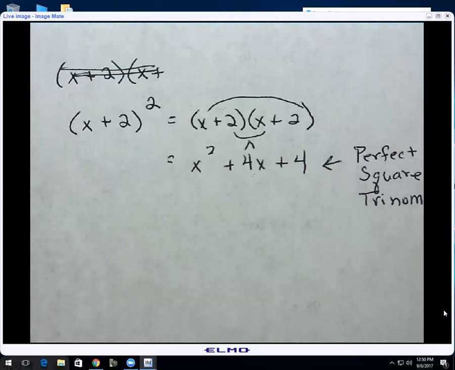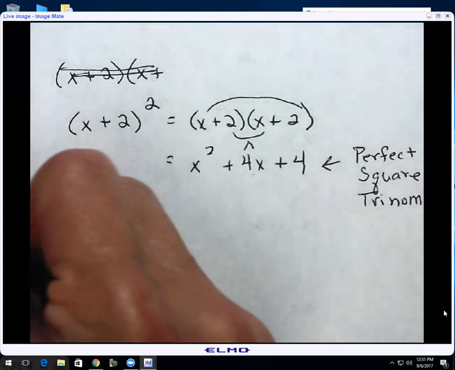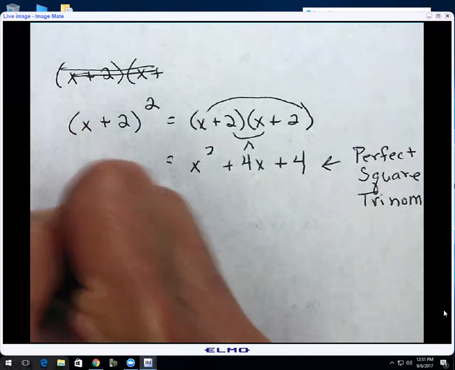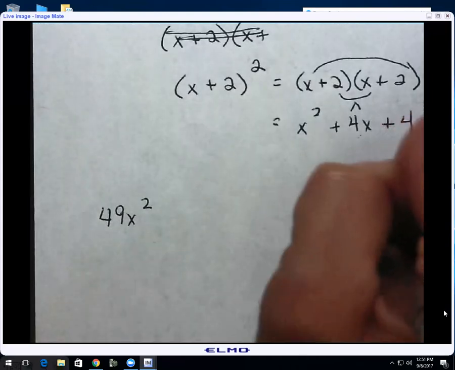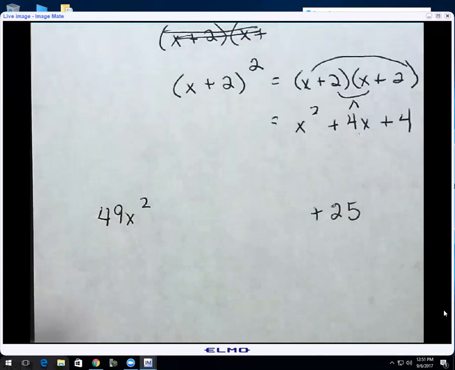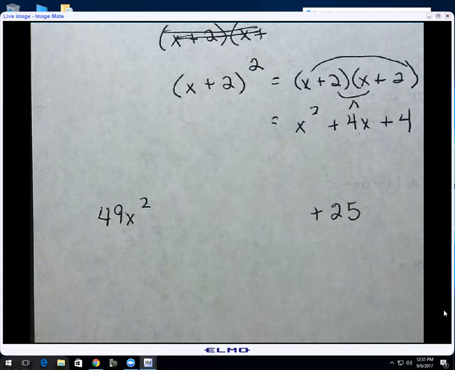Now we're going to do some more of those in just a second, but let me ask you one other thing. Help me make up a perfect square trinomial, because I'm trying to learn to recognize them. If the first term had been, let's say, 49x squared, and the last term was 25, I would be thinking, hey, that could be a perfect square trinomial.